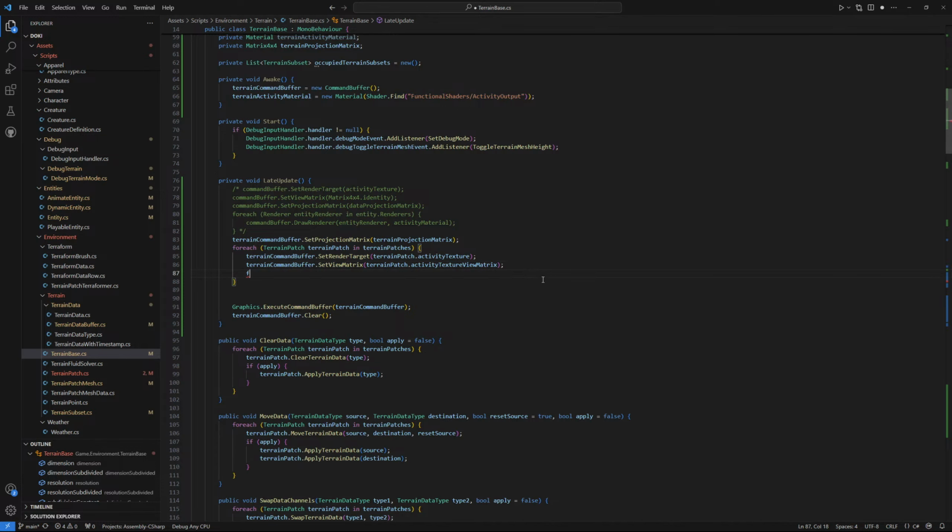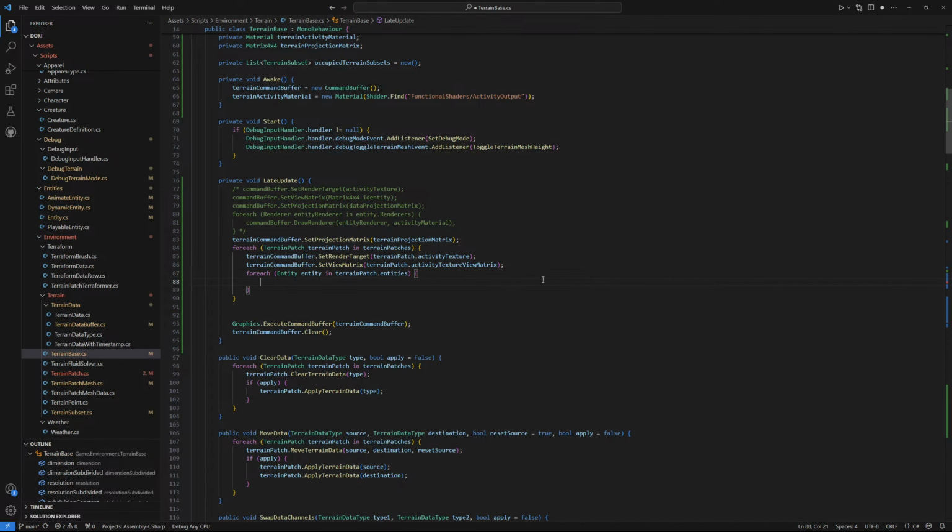And then we do for each entity in terrain patch dot entities, and then we do for each renderer, entity renderer in entity dot renderers.